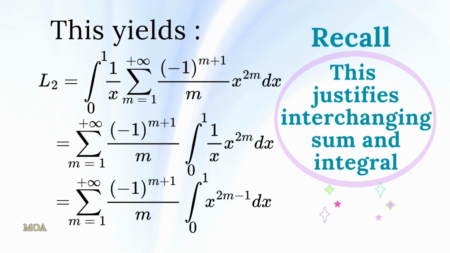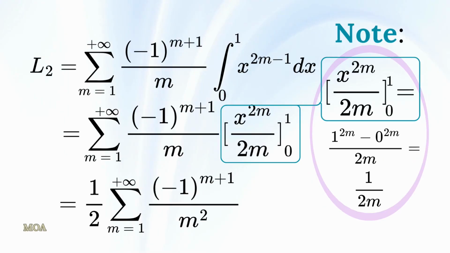This yields L₂ = Σ from m = 1 to ∞ of (−1)^(m+1)/m · ∫₀¹ x^(2m−1) dx. Since the integral of x^(2m−1) has the antiderivative x^(2m)/(2m) from 0 to 1, which is 1/(2m).